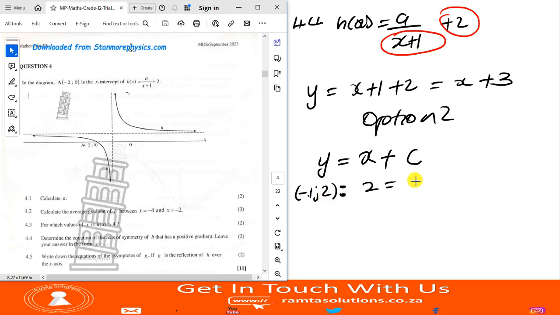So 2 equals minus 1 plus c. So c equals 3. Therefore you can say y equals x plus 3, just like we said here. Okay, so this is your axis of symmetry with a positive slope. Okay, perfect.